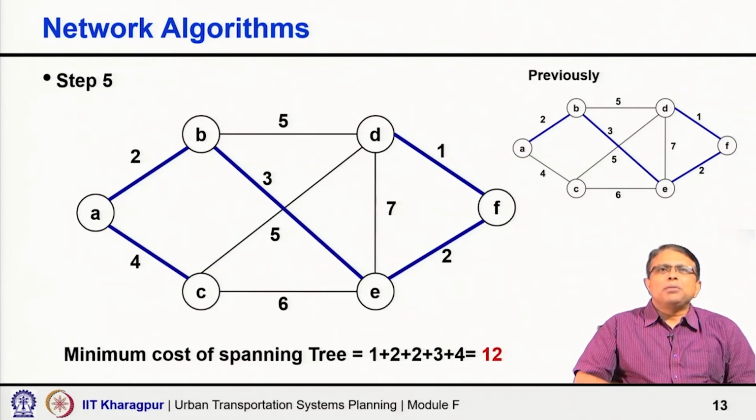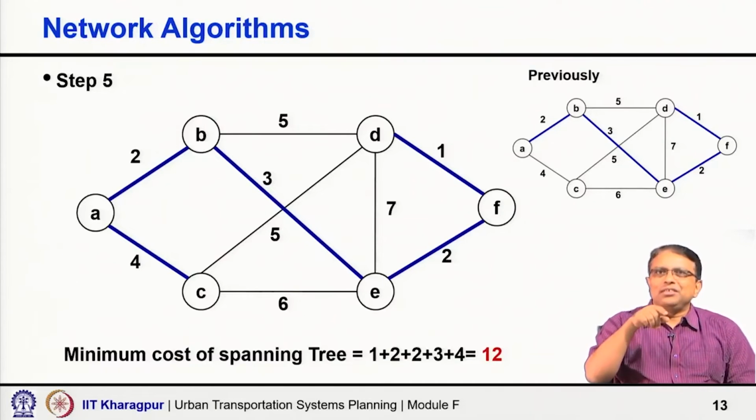It could have been like, maybe E and D is 4, let us say, and A and C is 7. Then our next link as per the cost could have been D to E with 4, but I would not have taken that.